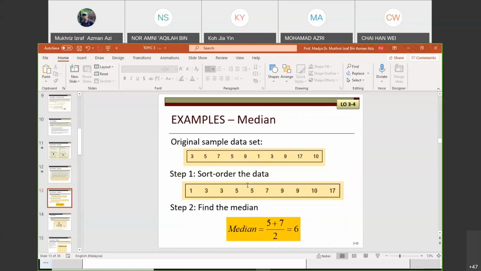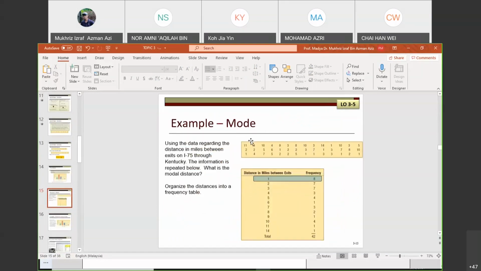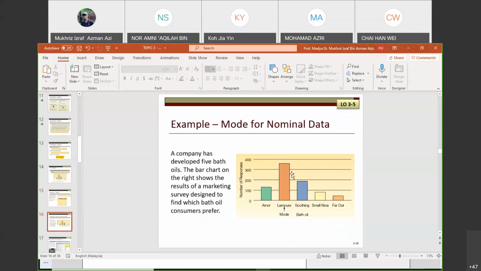But for mode, you can have more than one mode in one data set, meaning that if there are two numbers that have the same frequency value. So here, in this example, your mode is clearly this one. But let's say we artificially increase this one to the same, meaning this observation and this data have the same number of frequency.